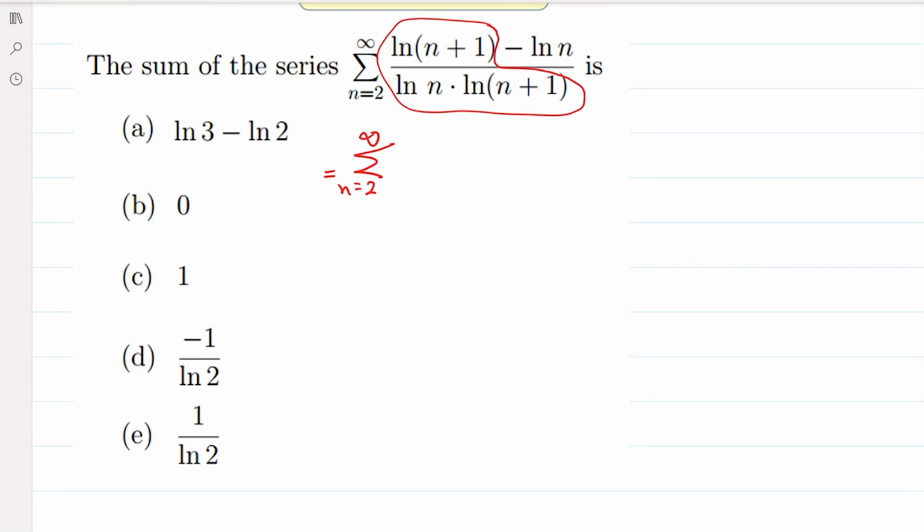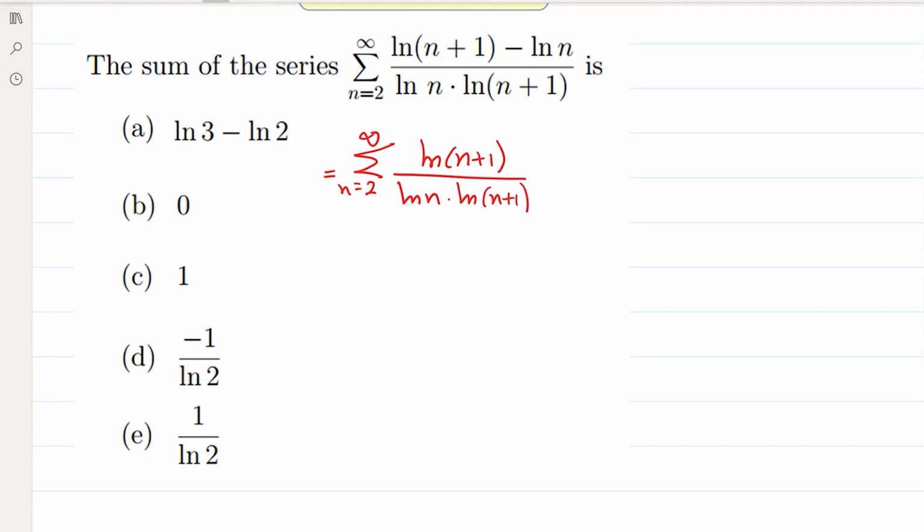Let me change the color here. I split it. So once you split it, it will be what? Let me write it step by step, so it will be clear. Minus the sum from n equal 2, no need to split the sums, just like this.